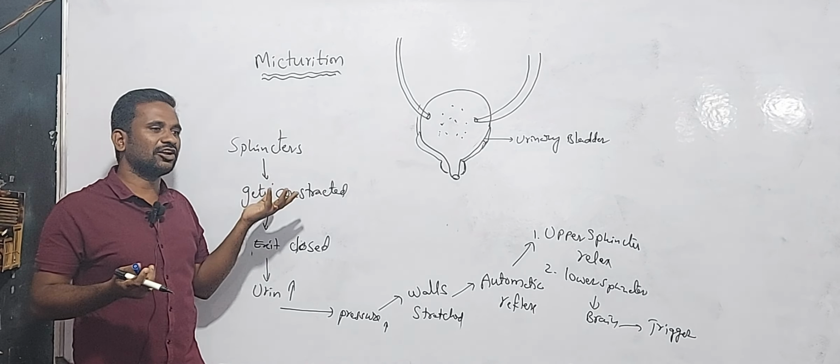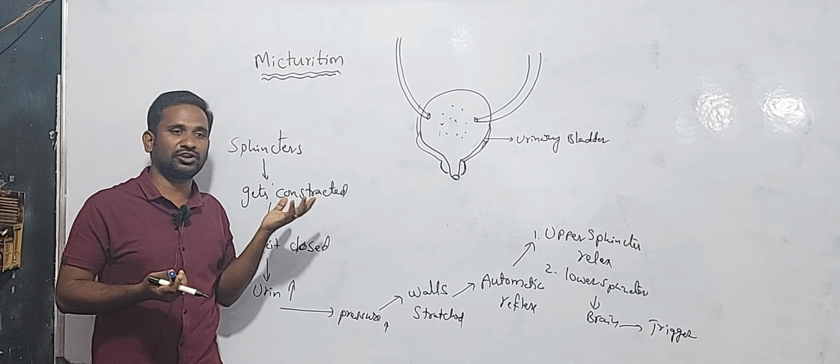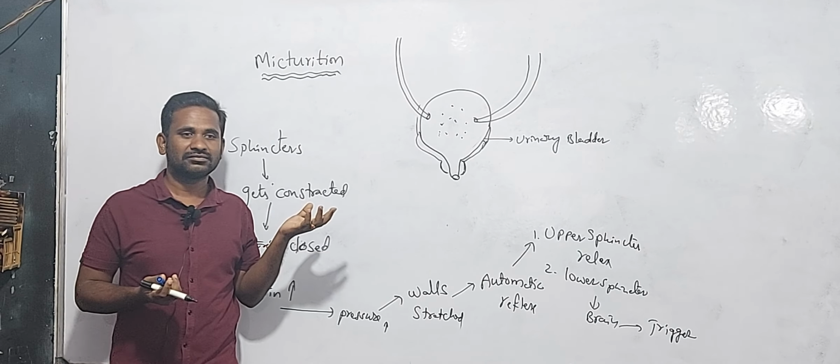How much time can you hold your urine in your urinary bladder? Just imagine, if it is filled with urine, you must micturate. You can hold it some time, not a long time. If it is filled with 700 to 800 ml, you must micturate the urine.